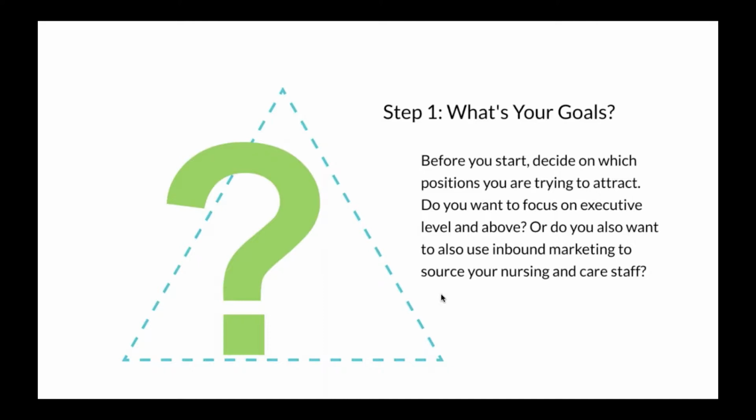Do you want to just recruit for executive directors? Do you want to recruit for regional or corporate folks? Or do you also want to use inbound marketing to source nursing, sales, community sales team, and care staff? So this is all very important to make sure that the first thing you do is figure out who it is that you want to focus on with your inbound marketing strategy.